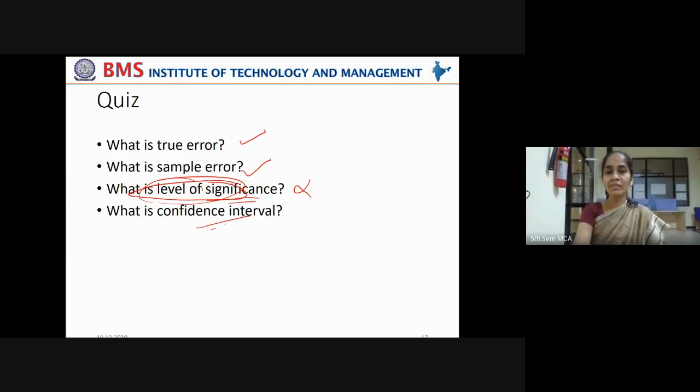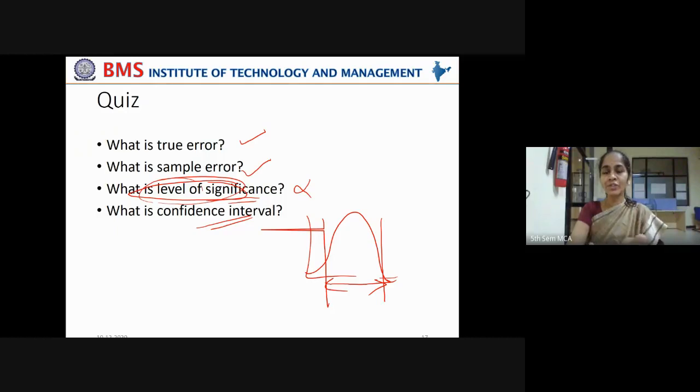What is confidence interval? Confidence interval is a period or an interval or zone within which a particular value falls with certain confidence. Say the difference between sample error and true error, or the weight of the students in a class, or the performance of the students in a class.